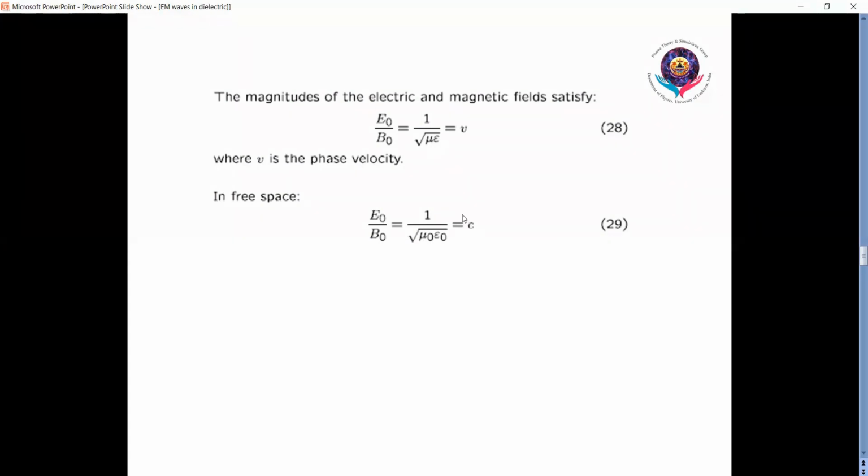This is the velocity of light in free space. So you can see that the ratio of the amplitudes in free space is equal to the velocity of light. This is an important relation, that the ratio of the amplitudes is equal to the velocity of light.